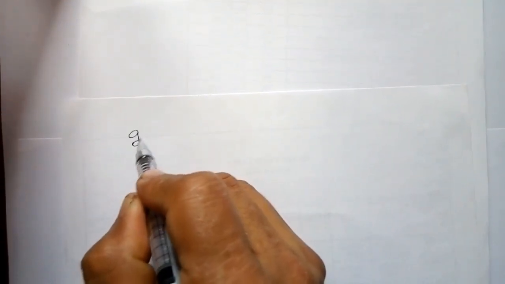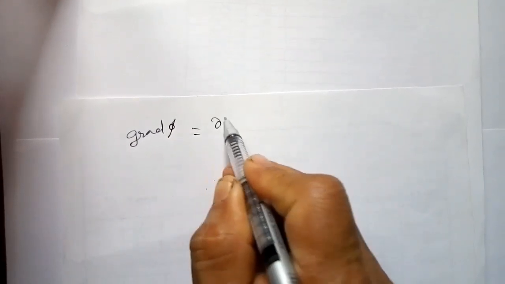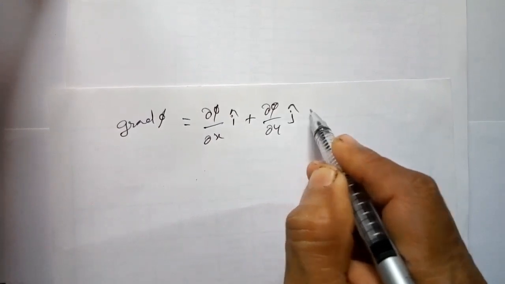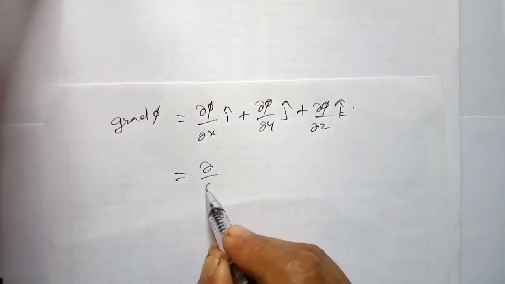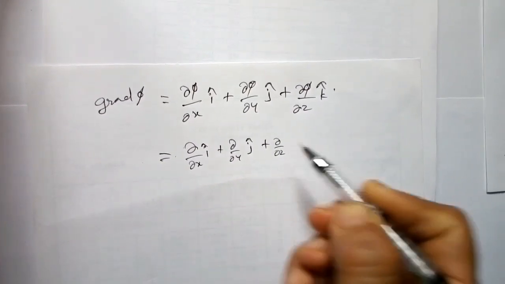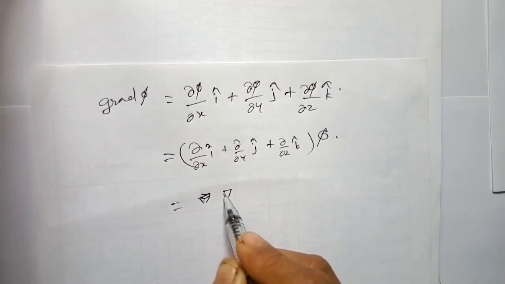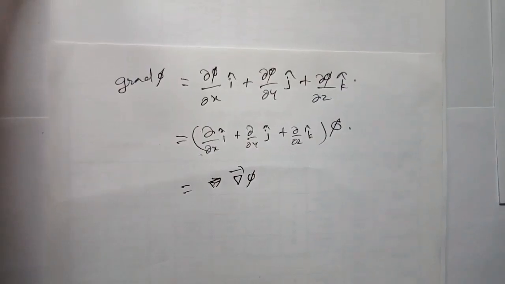This vector is known as gradient phi or grad phi, equal to dou phi by dou x i cap plus dou phi by dou y j cap plus dou phi by dou z k cap, or simply dou by dou x i cap plus dou by dou y j cap plus dou by dou z k cap, whole into phi, or simply del phi. So del is called the del operator.